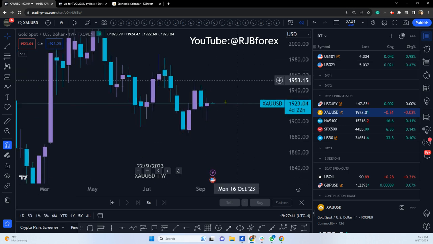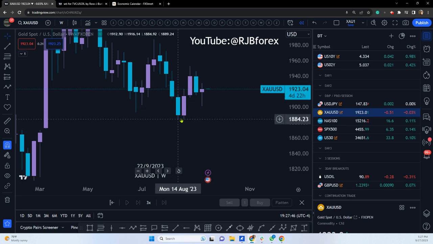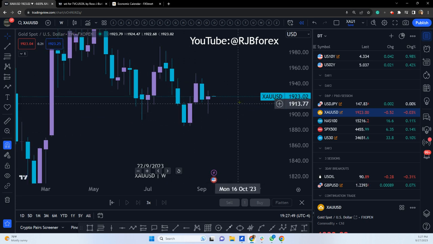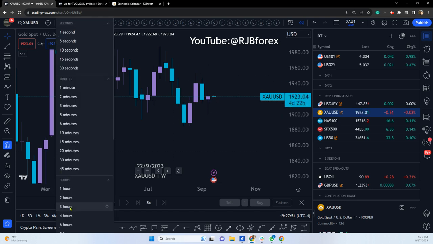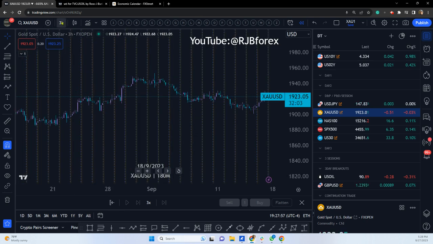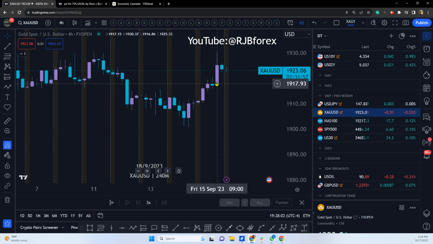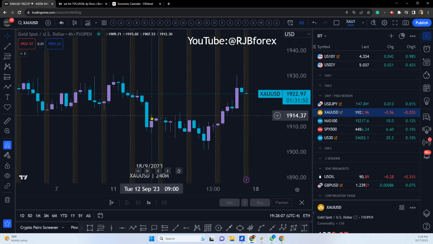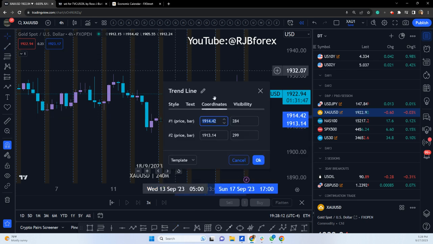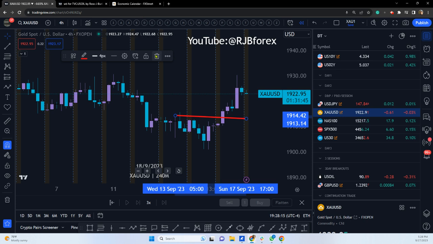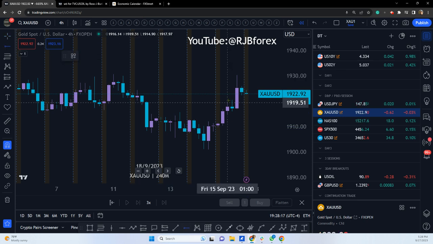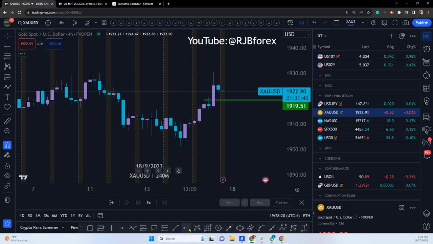At the end of last week, we've got this wick that could be filled on the downside, because if you bring that to a lower time frame, such as the 4 hour, you'll see that that's a lot of space for the price to come into. In that respect, we've got support in here. I don't know why that's done that. All right, so support in here, support in here.